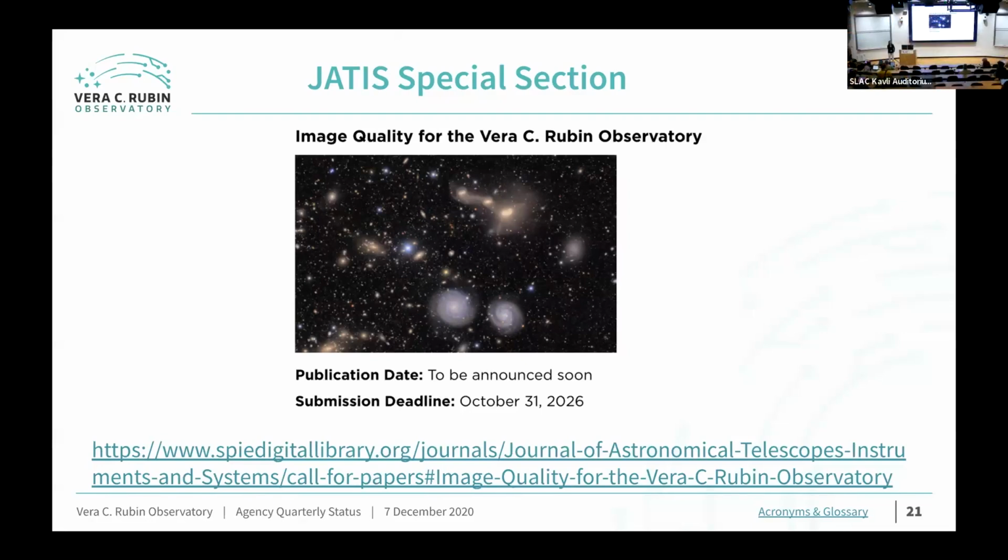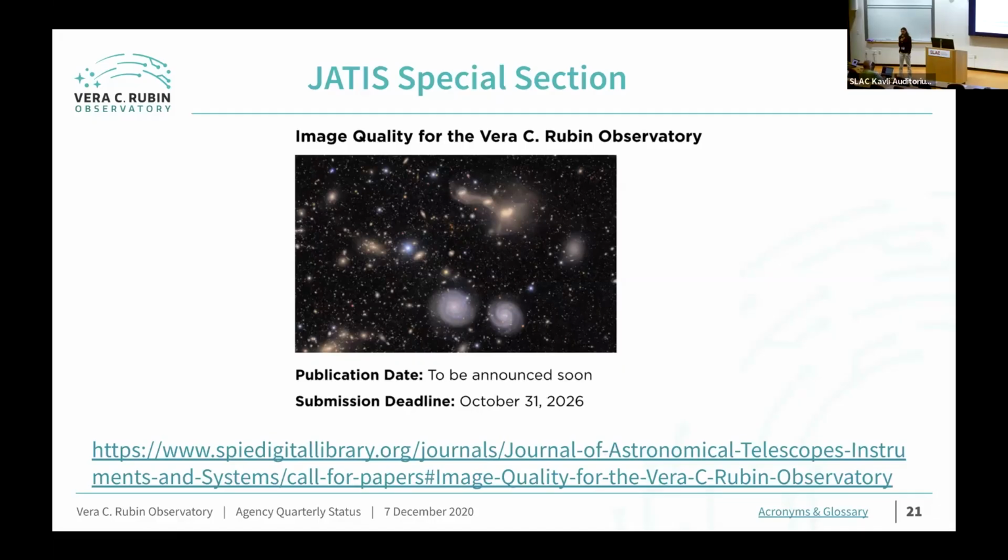I really think there are very few people left, but this is mostly about image quality. We're working with the SPIE refereed journal, JATIS, on a special edition really focusing on image quality. I will make sure the link is available for everyone.